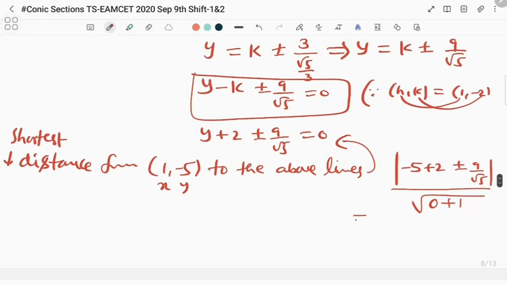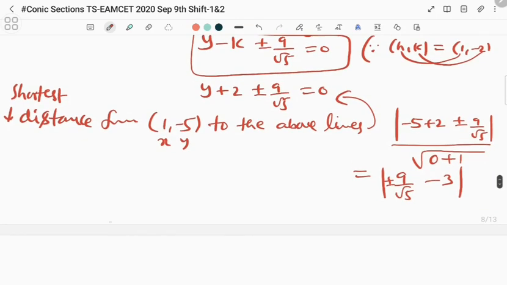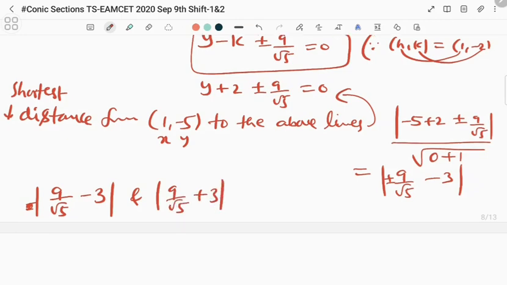So minus 3 will come now. 9 by root 5 minus 3. So here plus or minus, we may get two possibilities. One is 9 by root 5, if you remove modulus, plus or minus and all, 9 by root 5 minus 3, that is one distance. And 9 by root 5 plus 3, two distances are there.